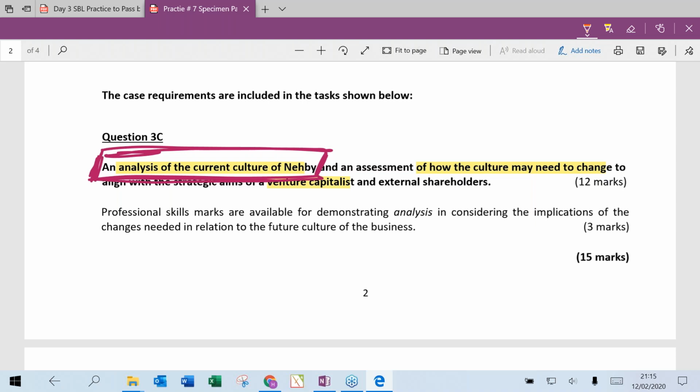So now the question is, assess how the culture may need to change in case there are external shareholders. Can you guess how the prevailing culture might change? You think the power structure will change? Yes, the power structure will change in the sense that now our CEO might not have 40% shares, his shareholding might reduce, he might not be able to dominate the board.